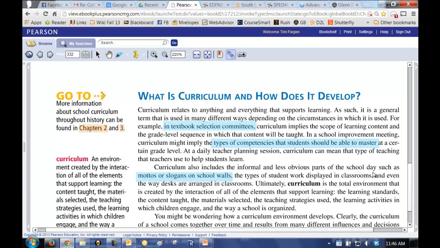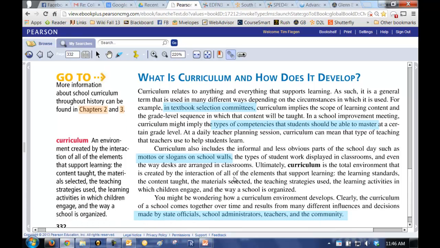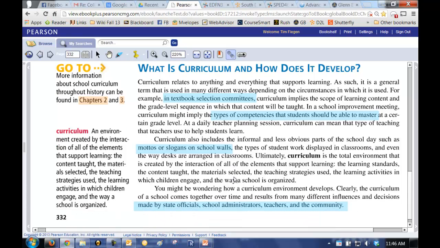And master is interesting here, because mastering and knowing something sometimes aren't synonymous. Curriculum can also include informal and less obvious parts of the school day, such as mottos or slogans on school walls.